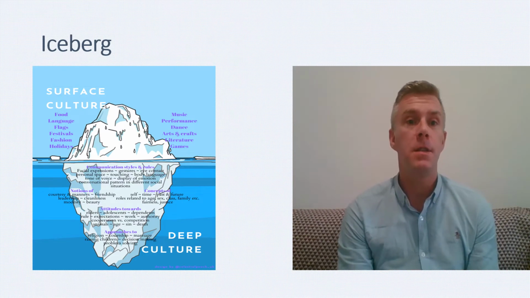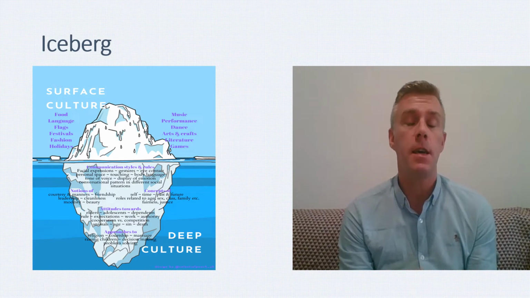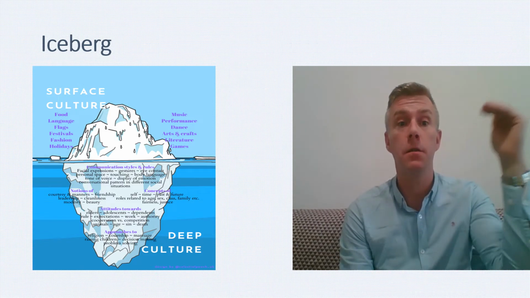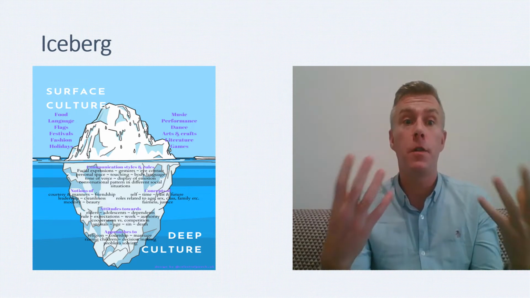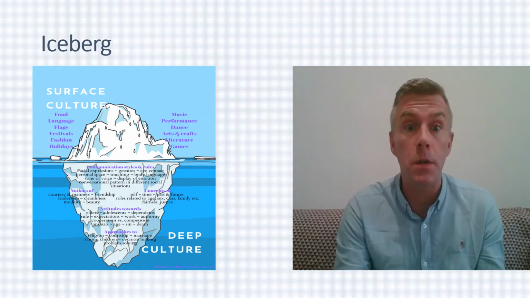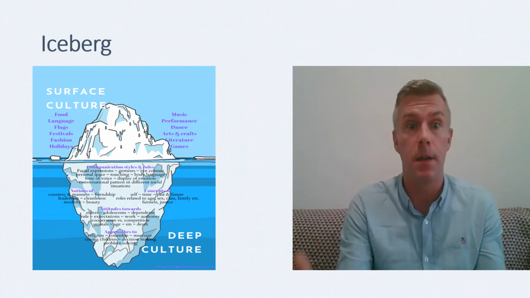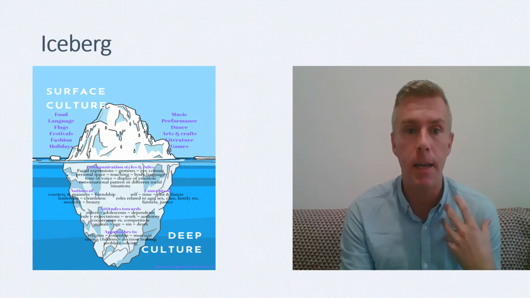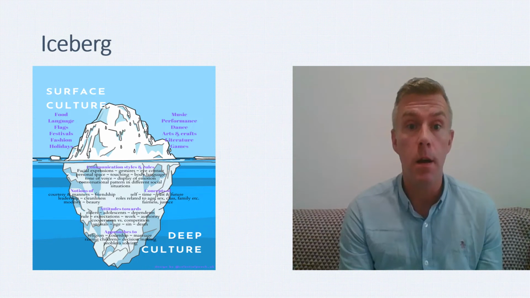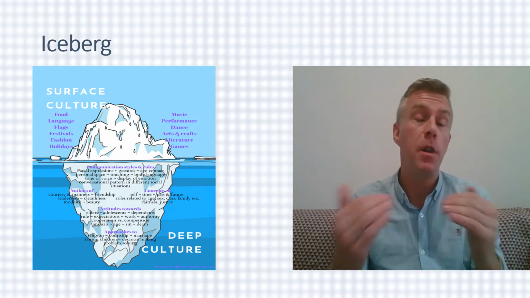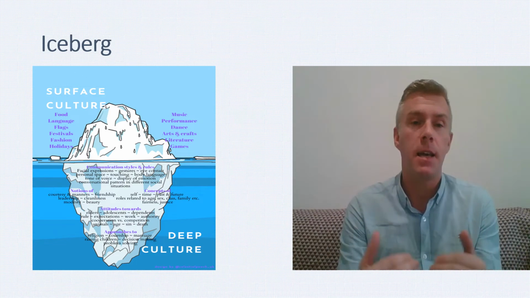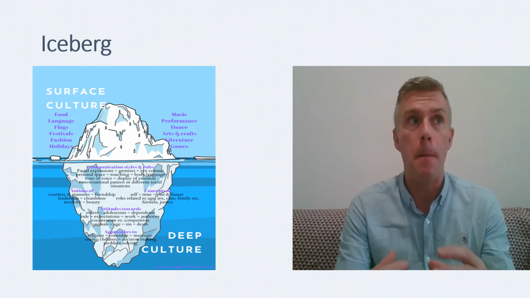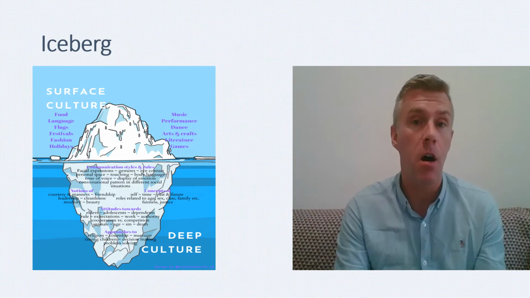To better understand culture, it's good to think about culture as an iceberg. On the surface, you have a lot of cultural idiosyncrasies that are obvious, such as the language people use, the food they eat, the clothes they wear, and so on. Then below the surface are the things that you don't initially see, things that aren't immediately obvious.